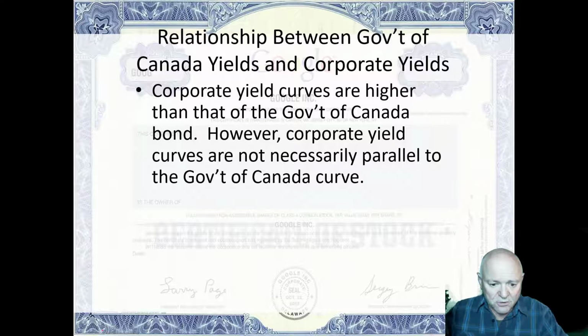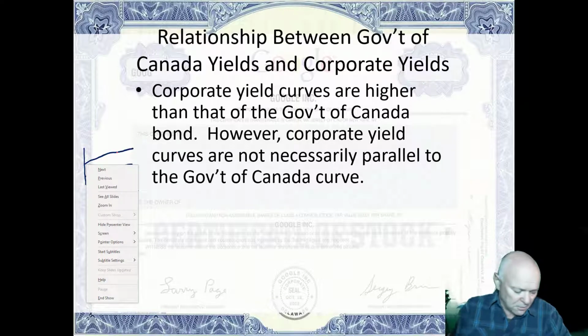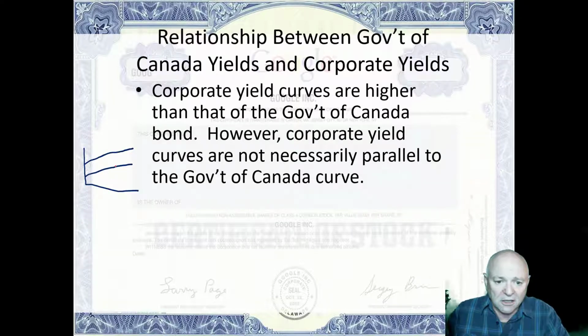If we saw that the yield curve for a Government of Canada bond looks something like this, typically the yield curve for a riskier corporate bond would be a little bit greater at every point in the term structure.